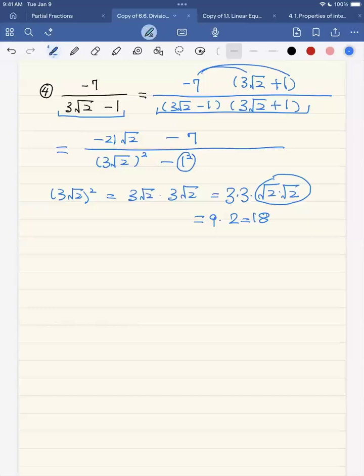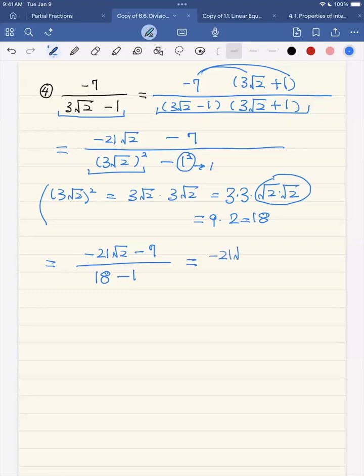And 1 squared is 1. So that is negative 21 square root of 2 minus 7 over 18 minus 1, and that is minus 21 square root of 2 minus 7 over 17.